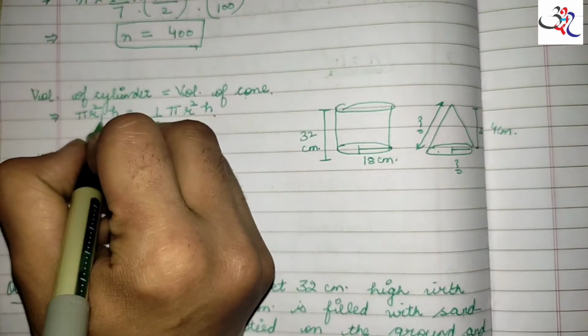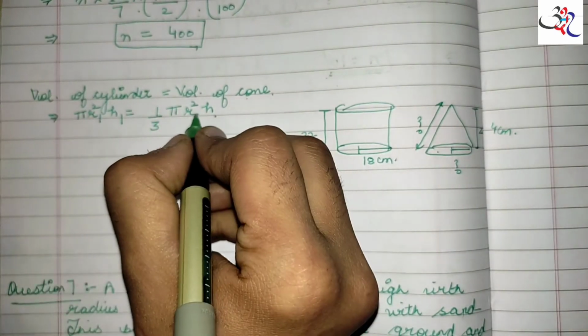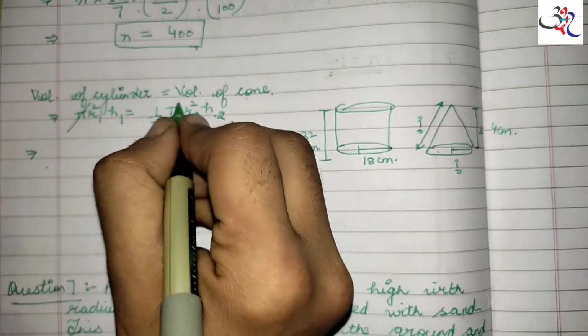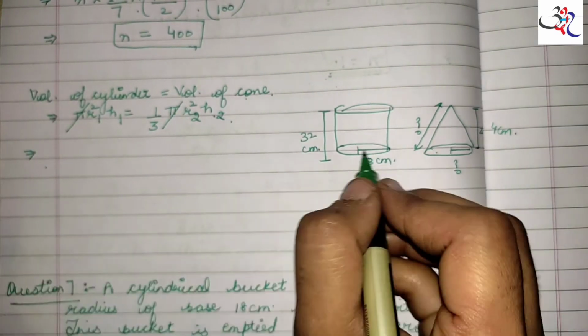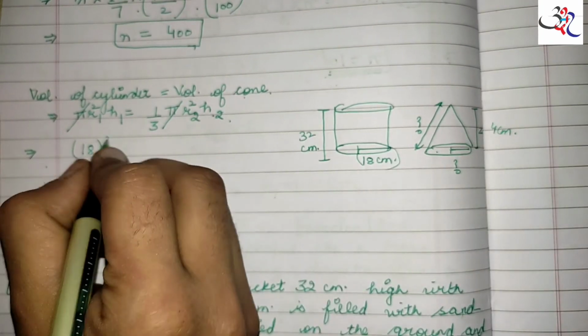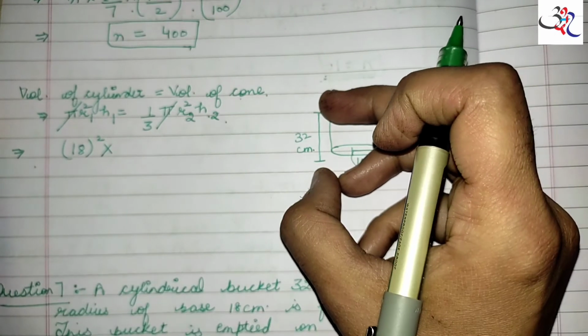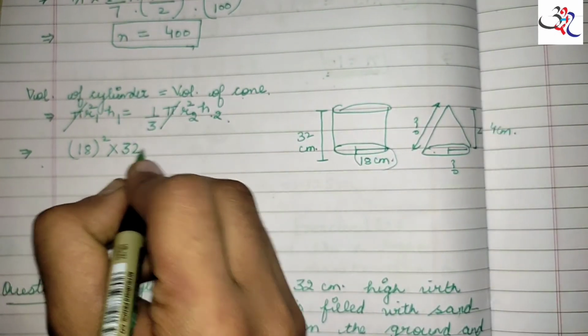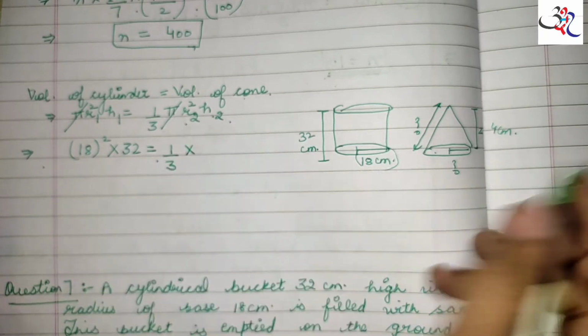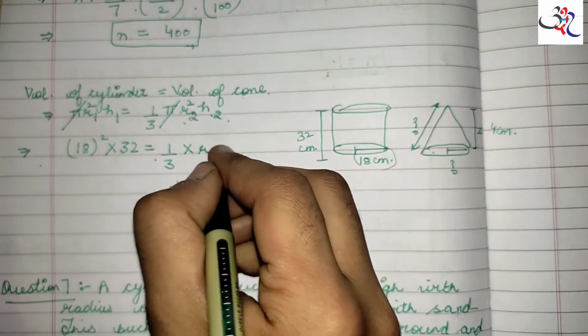So write down this r1, this h1, this r2 and this h2. Pi and pi will get cancelled out. R1 is my 18 centimeter, 18 square into h1, the height of the cylinder, which is 32. Now 1 by 3 into r2. We have to find out the value of r2.